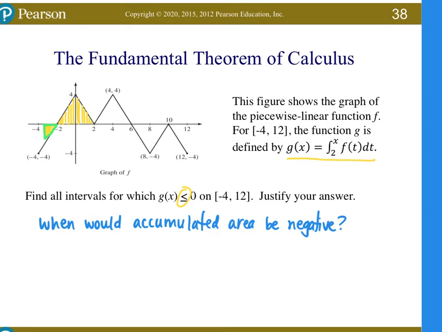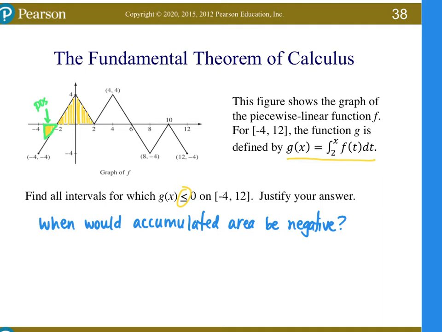Is it enough negative to entirely cancel out the... I'm so sorry, the green triangle is positive now. Why is it positive? Because I'm going backwards and I'm below the x-axis, so it's a double negative. So this is positive area right here.